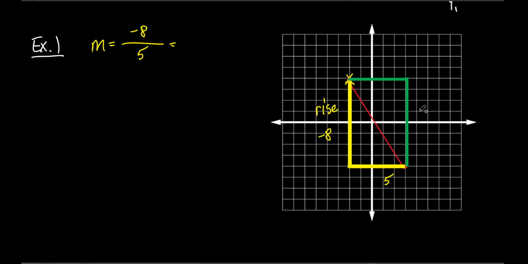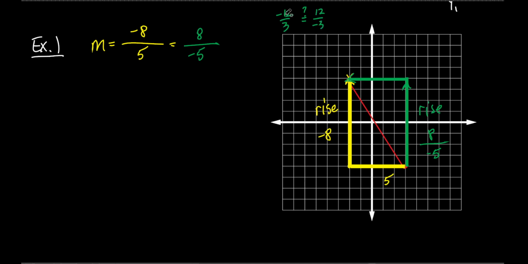Now, what's the rise over here? If I started here and I went up, it's a positive 8, correct? Over. And then if I'm here and I go this way, that's a negative 5. Is negative 8 over 5 the same thing as positive 8 over negative 5? Absolutely it is, okay? For instance, if I had negative 12 over 3, is that the same thing as 12 over negative 3?